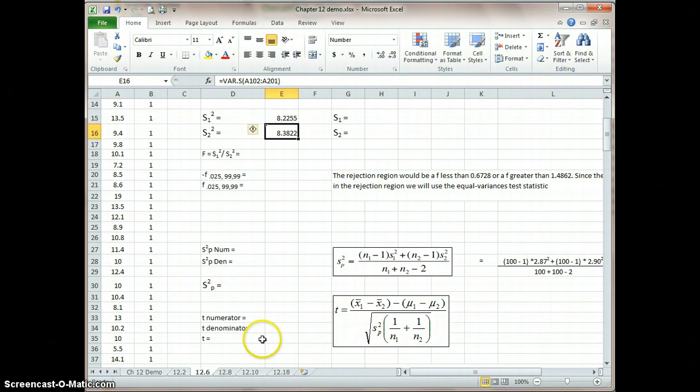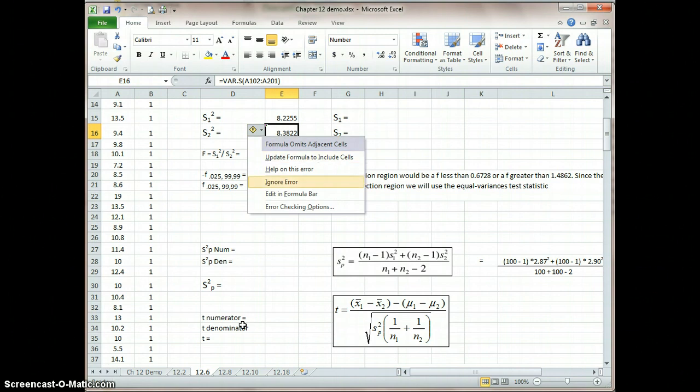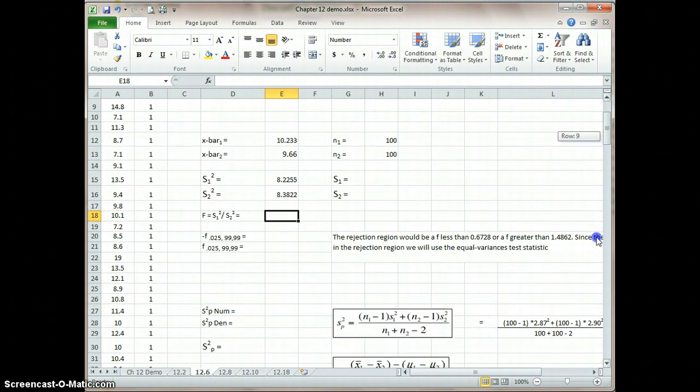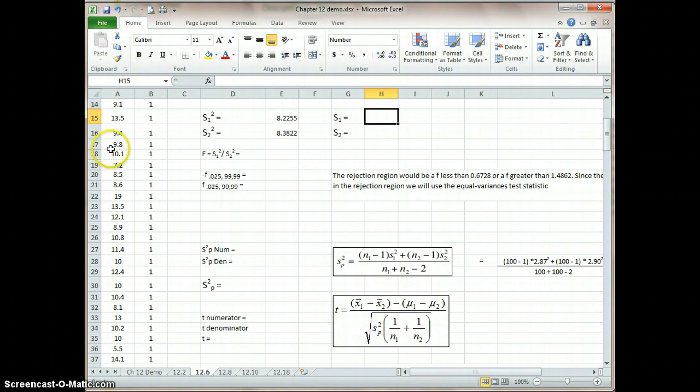Let's try it again for women, and again the data analysis, choose the histogram, and in this case it's going to be A102 to A201.